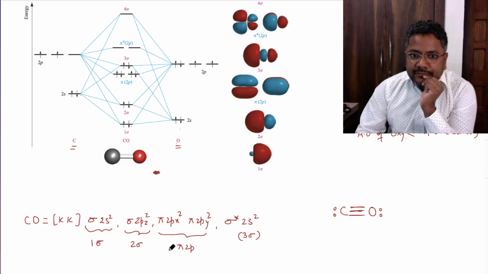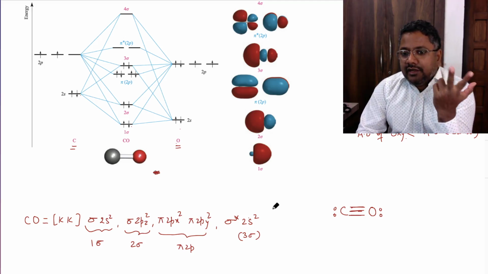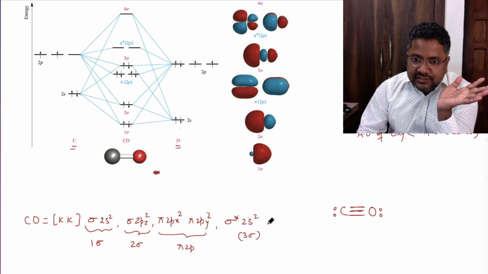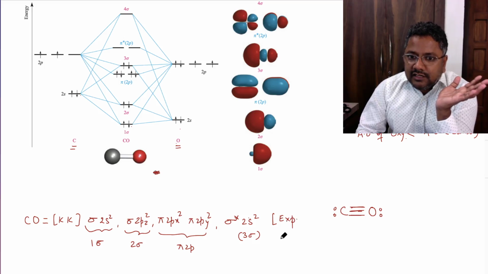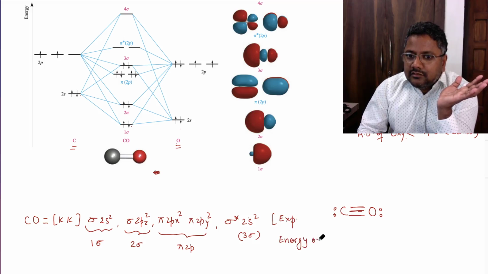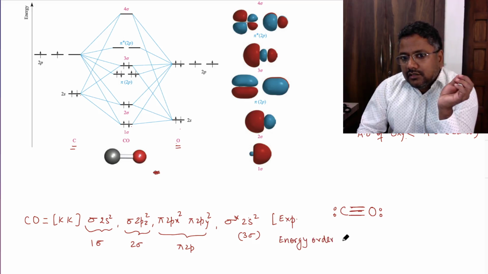Now if you want, you can calculate the bond order. You will get bond order 3, and if you remove an electron from here, then you will get bond order 3.5. So this is the experimental energy order of carbon monoxide.